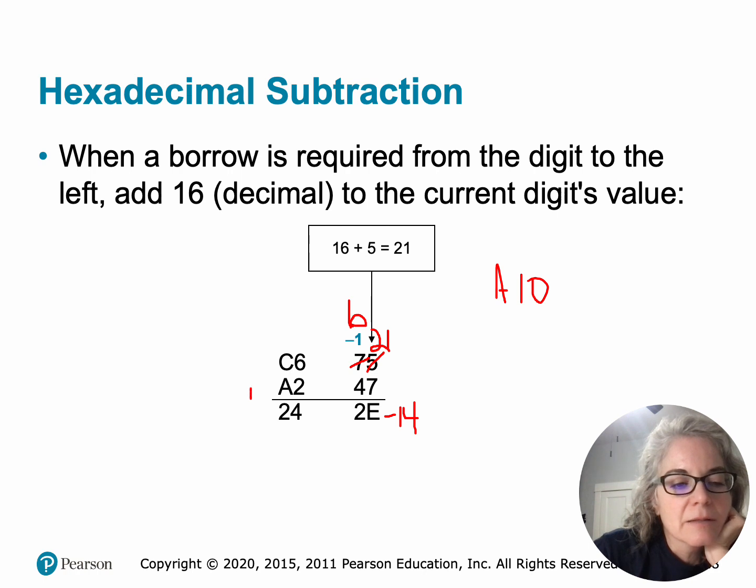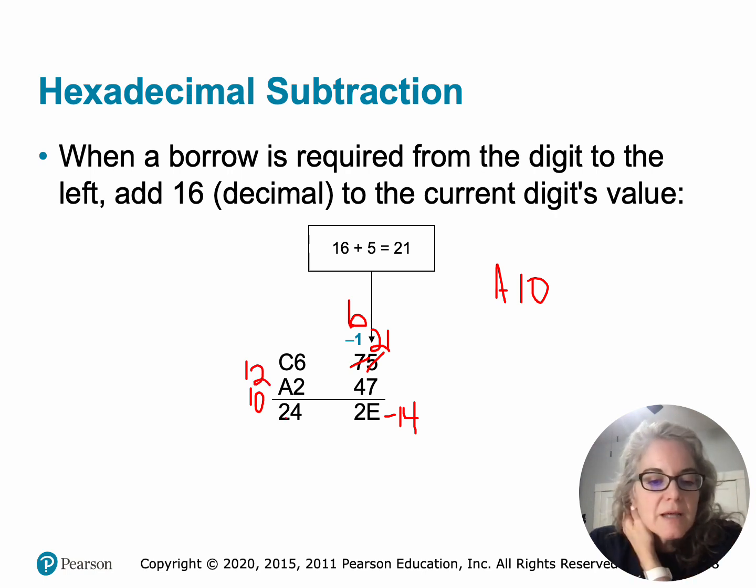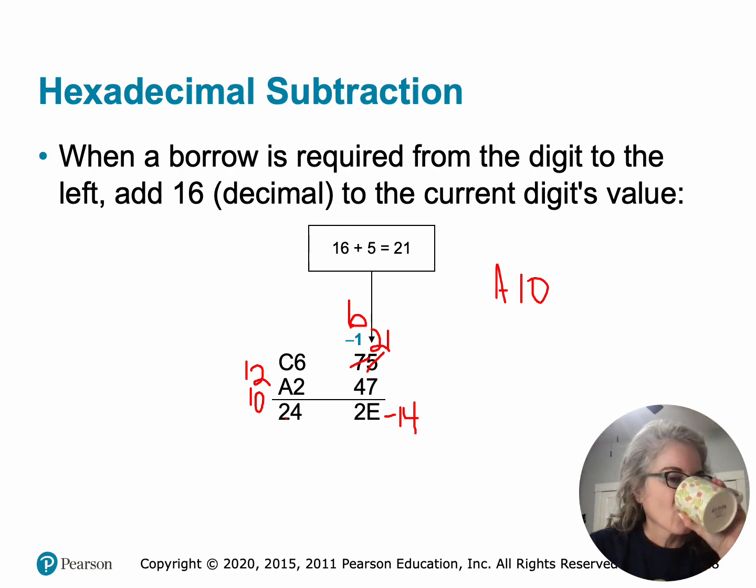Remember, A is 10, B is 11, C is 12. 12 minus 10 is 2. So that's how we do subtraction. Subtract just like you would normally have done in elementary school, except when you borrow, you add 16 instead of 10.